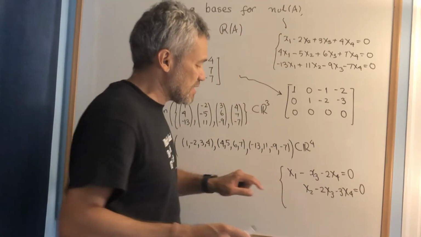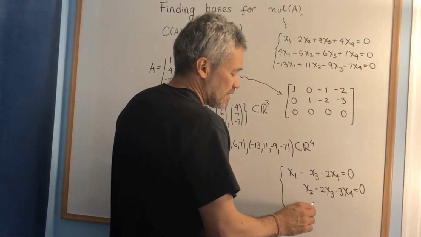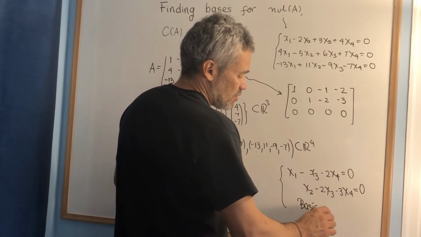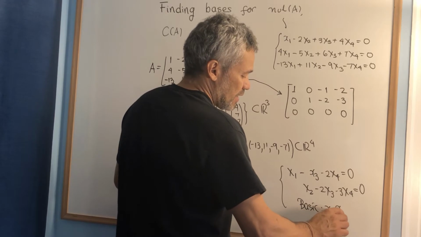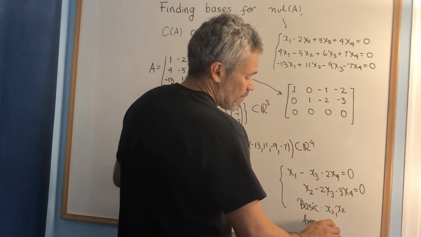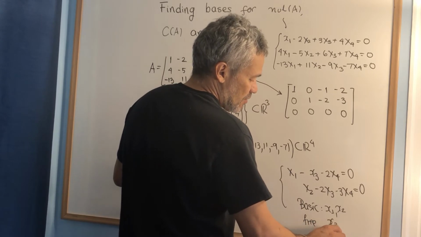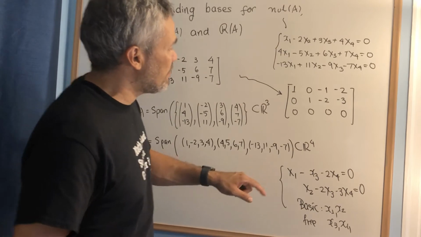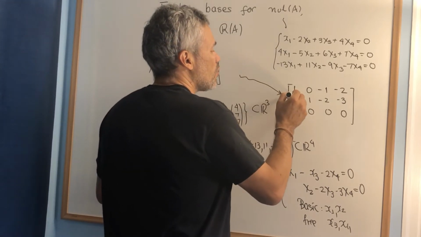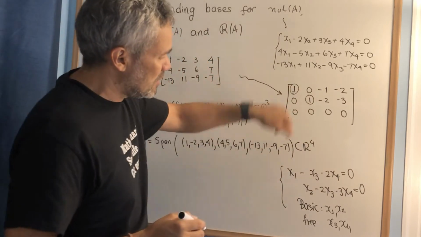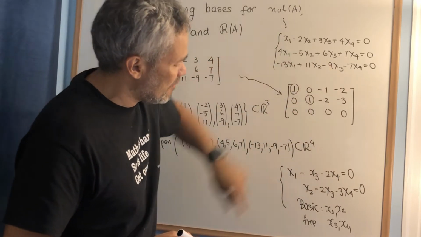And since this system is a good system, we can decide what are the basic variables. Basic variables are x1 and x2, and the free variables are x3 and x4. Notice that the basic variables are those that go with the pivot columns, and the free are those that don't have a pivot.